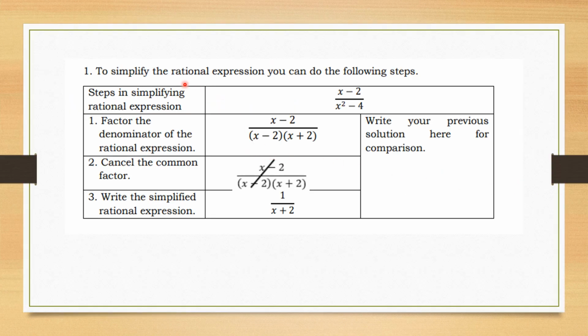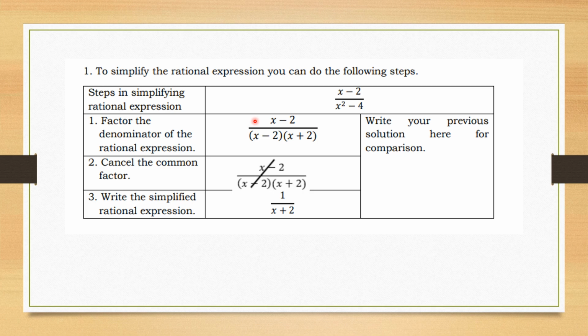To simplify the rational expression, you can do the following steps. Recall that the given in number 1 is x minus 2 all over x squared minus 4. The first step is to factor the denominator of the rational expression. Since the numerator is not factorable, just copy it.